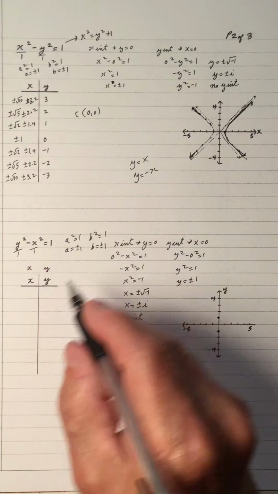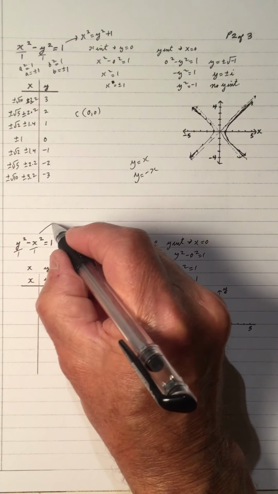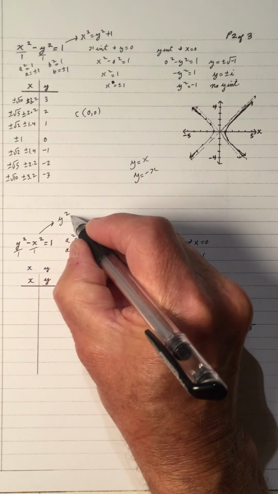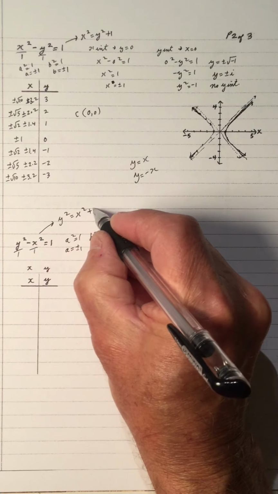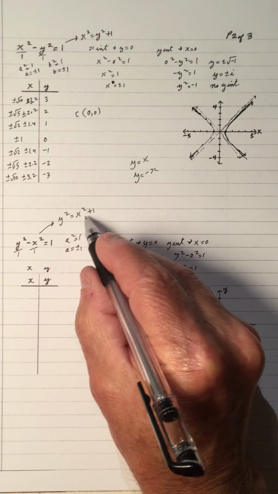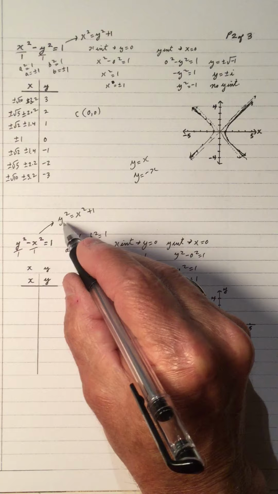But the table of values, let's look at y squared equals x squared plus 1. We put the x values in and work them out for y.